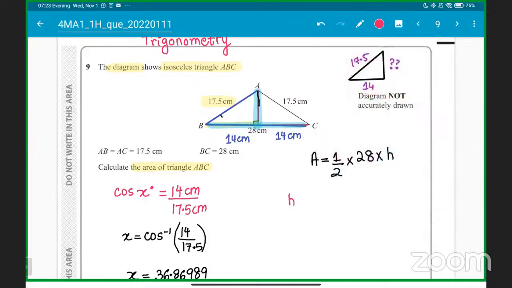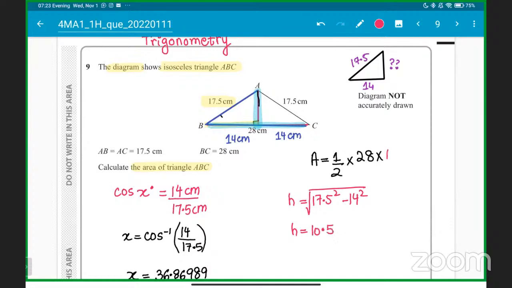So height will be equal to the square root of 17.5 squared minus 14 squared. The Pythagoras theorem formula you'll have to apply. That gives me 10.5 as the height.